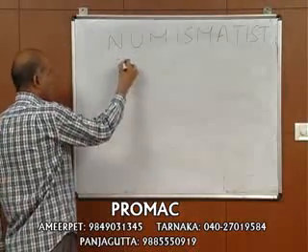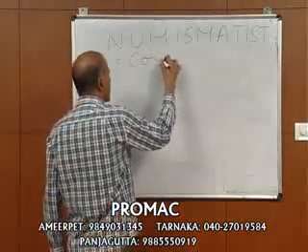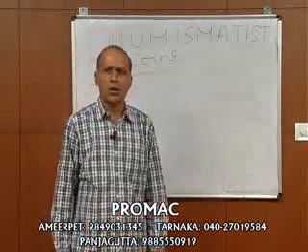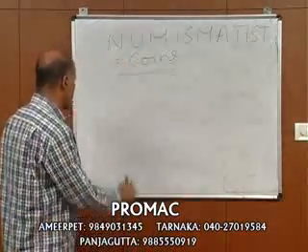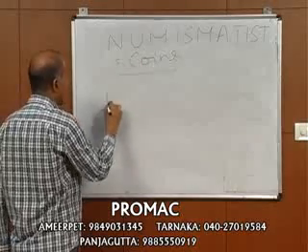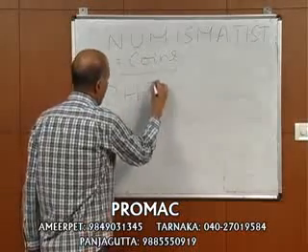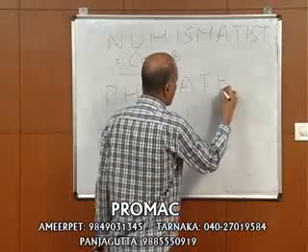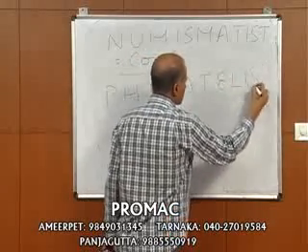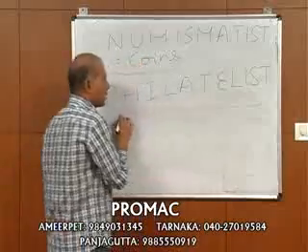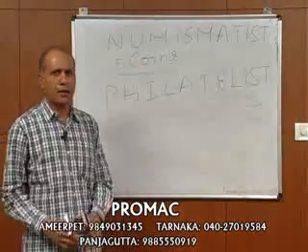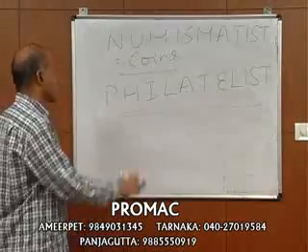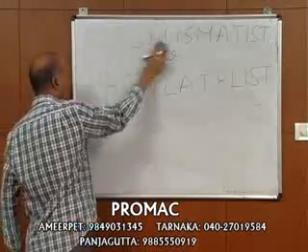A person who is engaged in the hobby of collecting coins is called a numismatist. A person who is in the hobby of collecting postage stamps is called a philatelist. A philatelist is a person who collects postal stamps. A numismatist is a person who collects coins.